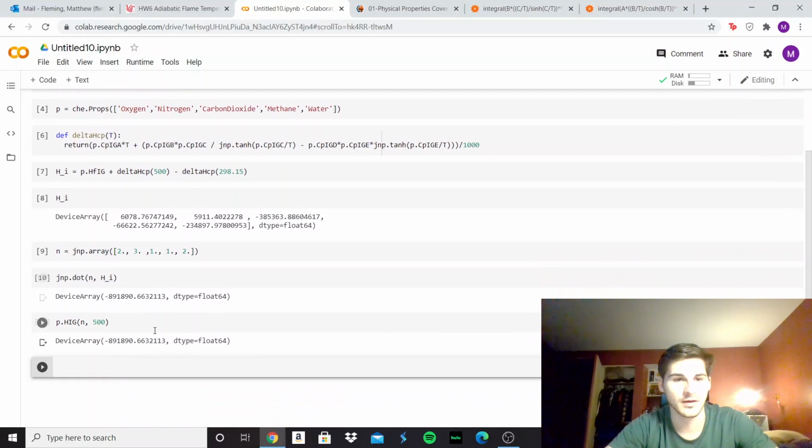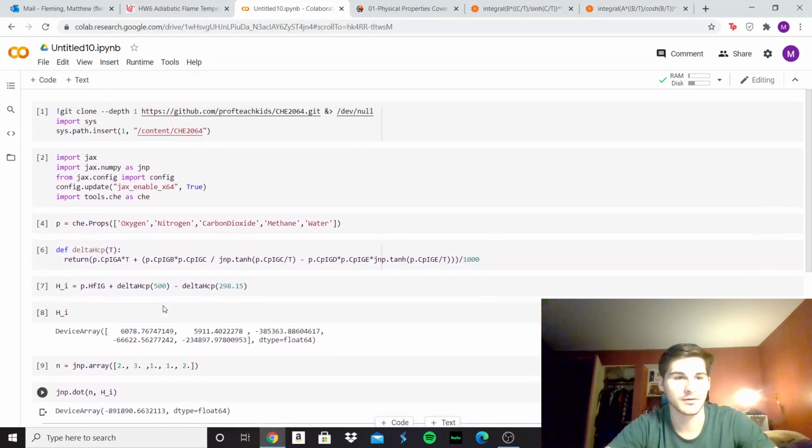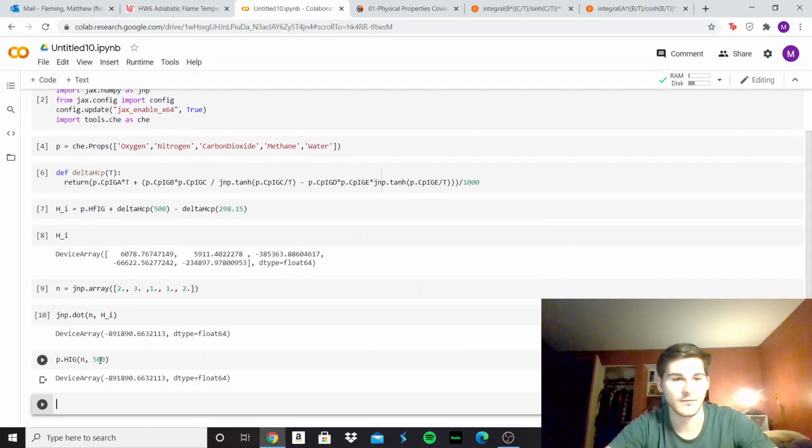And as you can see, we get the same value. So we know that our method of finding the enthalpy of the whole system at 500 degrees Kelvin with this function is pretty accurate. And we also know that our definition of the enthalpy for specific species I at whatever temperature we desire is also an accurate equation.